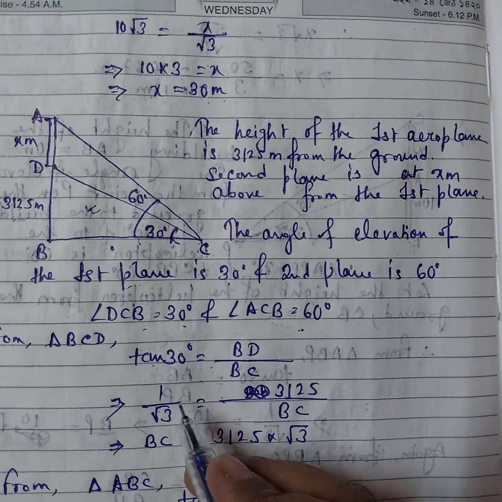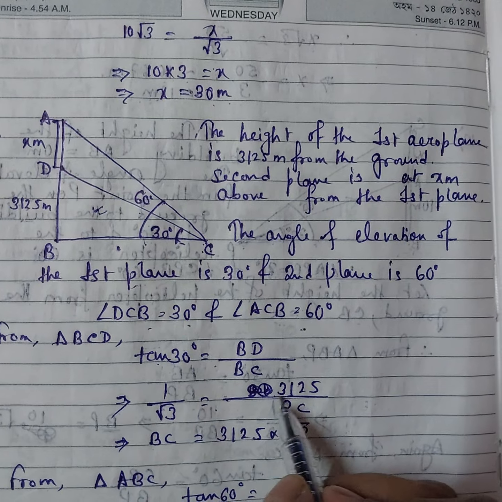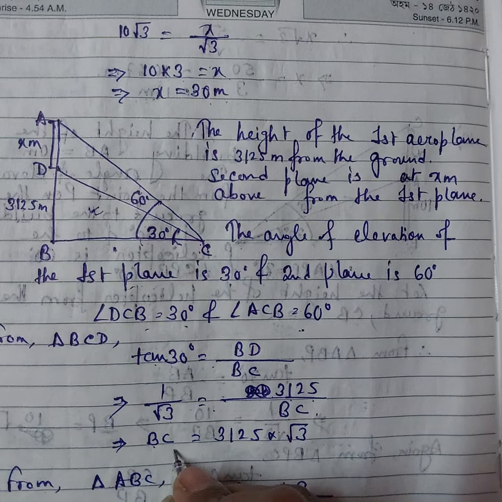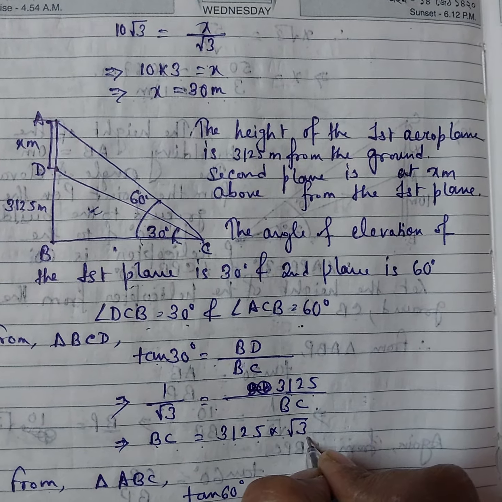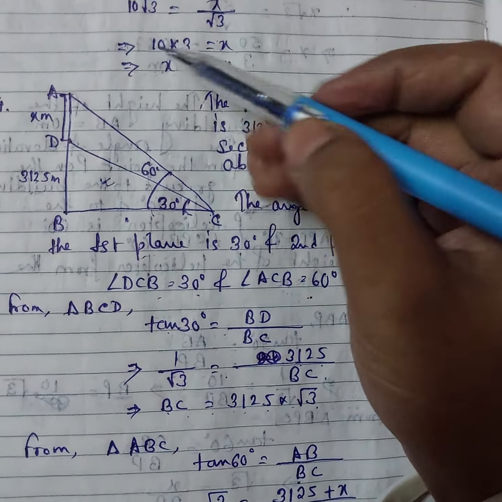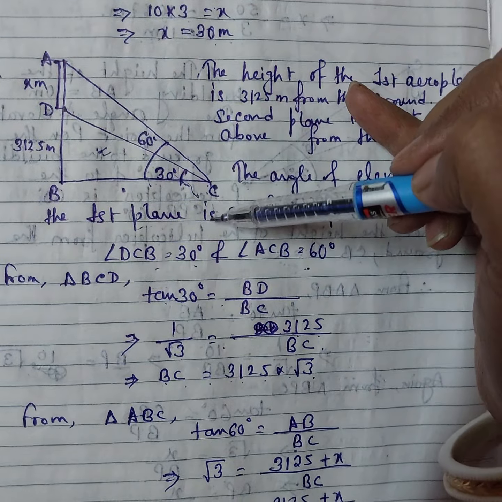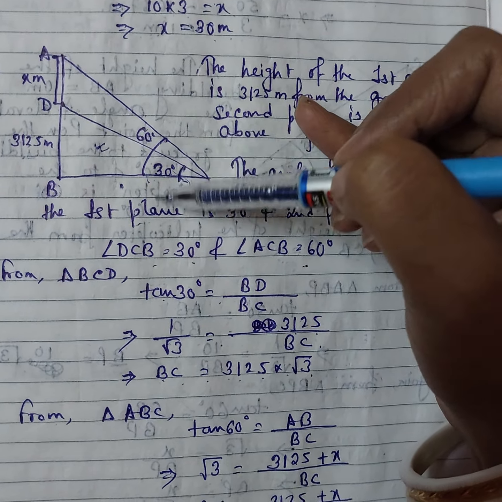So put the known values, that is 1 by root 3 is equal to 3125 by BC. So from here you get BC is equal to 3125 into root 3.